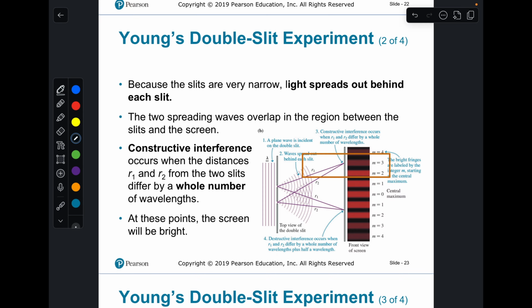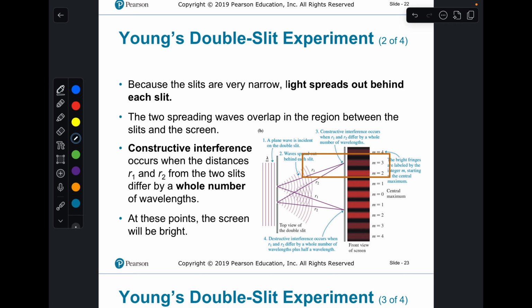Those regions are a result of constructive or destructive interference of those 2 sources. You might recall that to determine the constructive or destructive interference conditions, you need to know the path length difference. And you're going to relate that to integer multiples of wavelength or integer multiples plus 1/2 of wavelength.